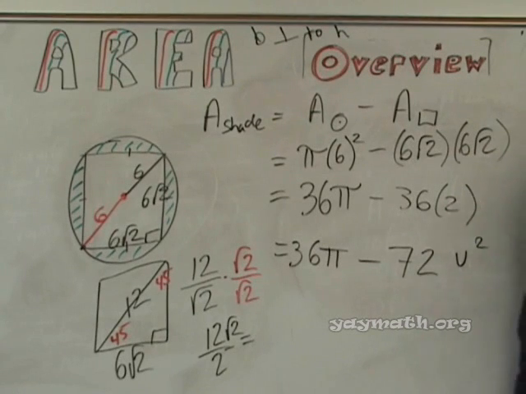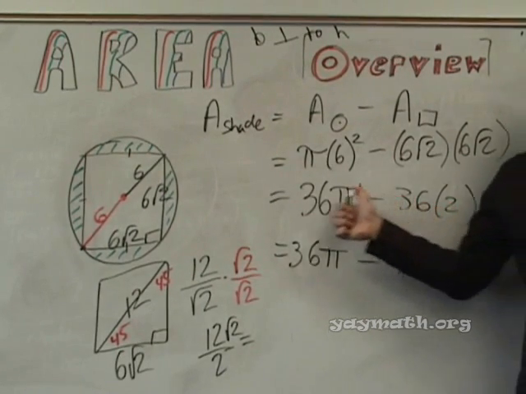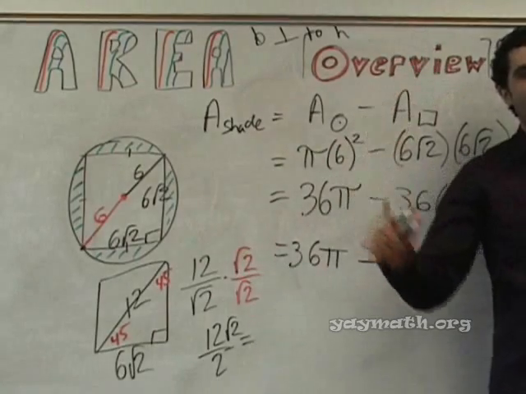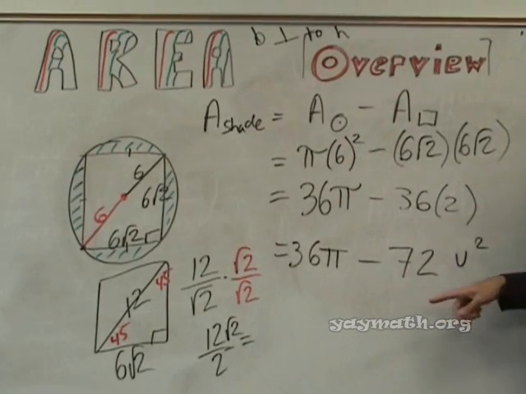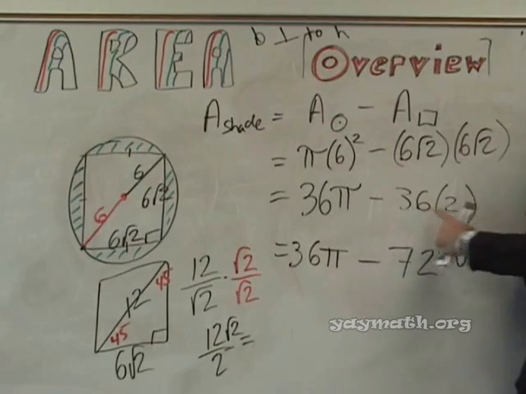Question, please. Could you have just simplified the 36 and 36? Oh, you mean these two? Okay, good question. If I wanted, I could factor out 36, make it parentheses on the outside. However, here we multiply these.